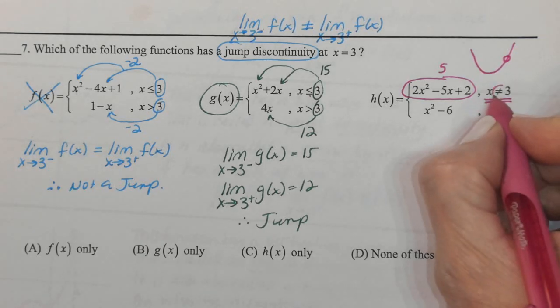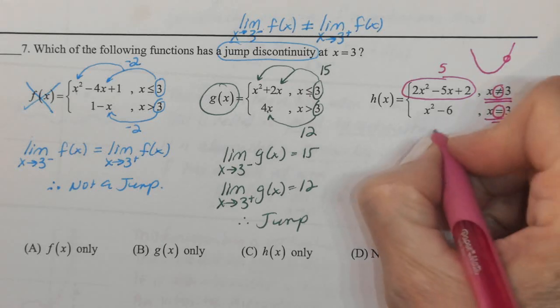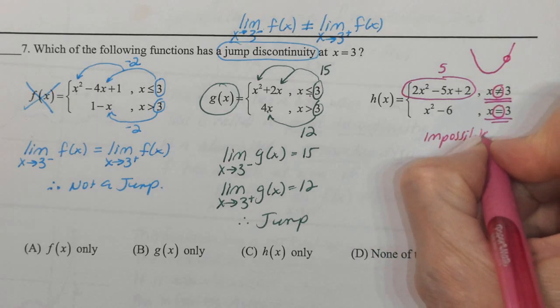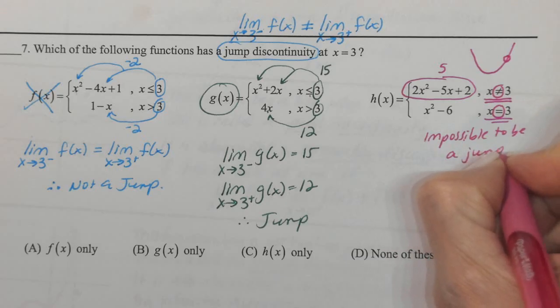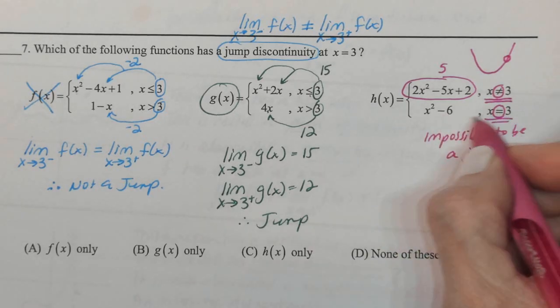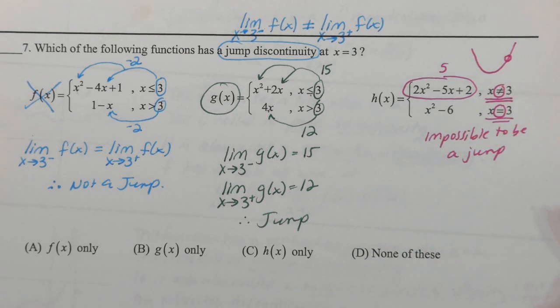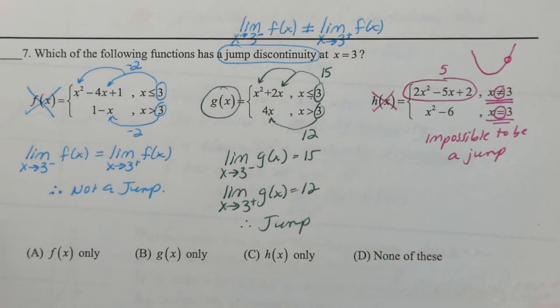Because of the way they made the piecewise function, it is impossible to be a jump. It doesn't matter whether this fills it or not. It's still not going to be a jump. It's only a hole at best. The answer here is G only.